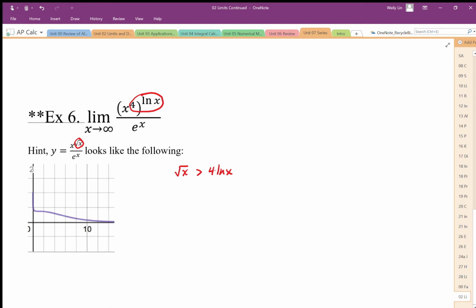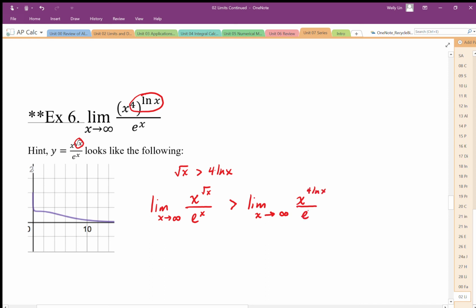Because of that, for large values of x, x to the root x over e to the x is going to be greater than the limit as x goes to infinity of x to the power 4 log x over e to the x.